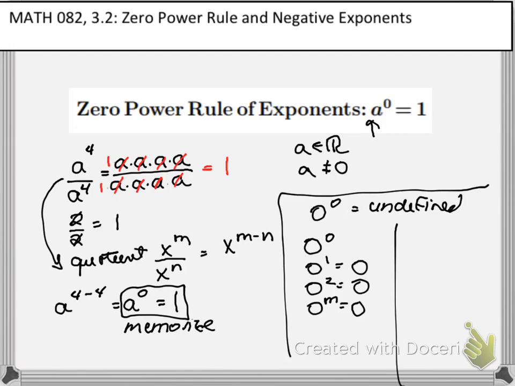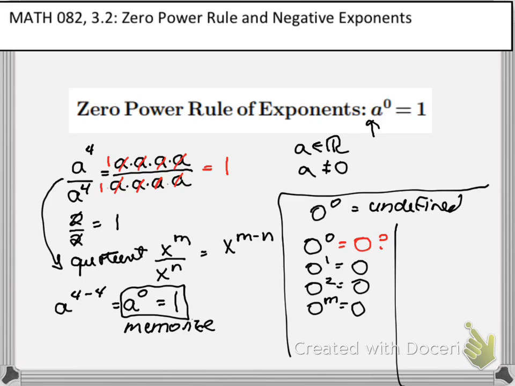So by that rule, it would follow then that 0 to the 0 power should also equal 0. And I'll put a question mark here because right now we're just speculating or guessing. That's what it seems like, right?